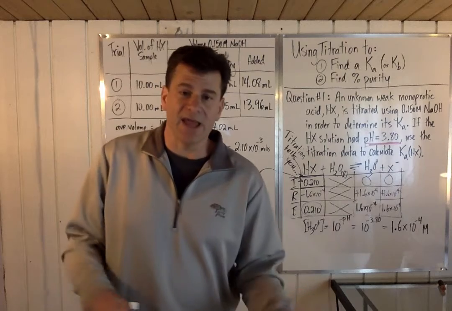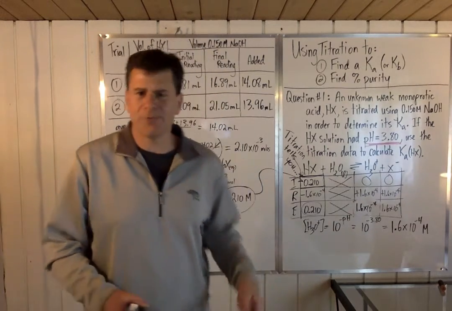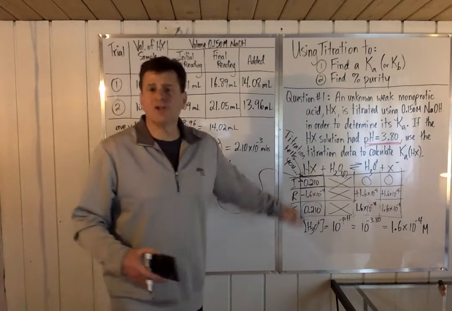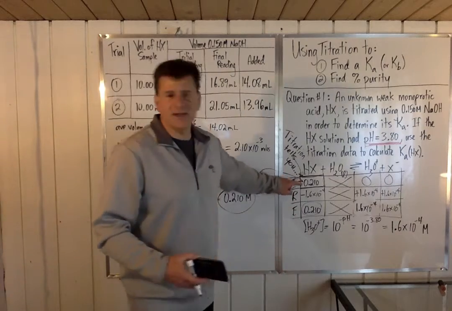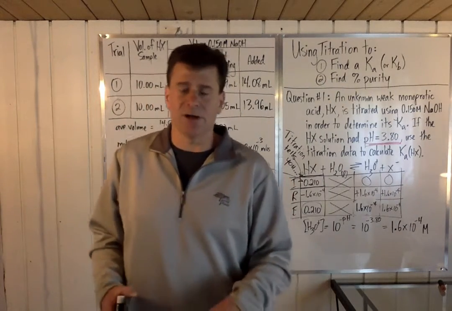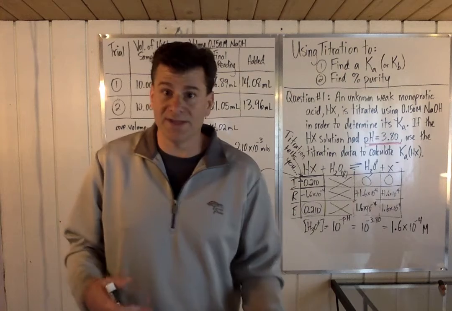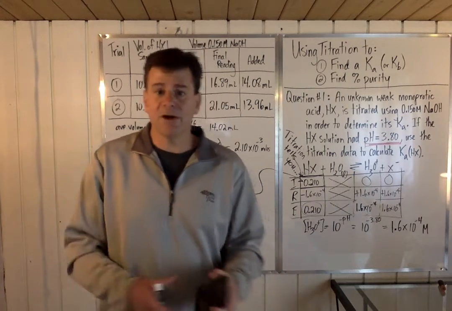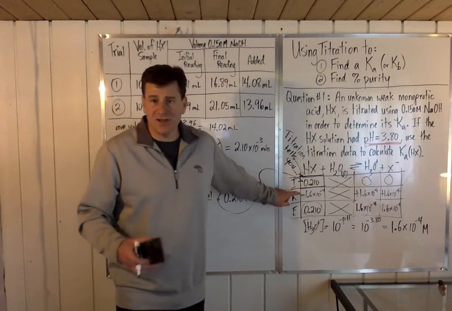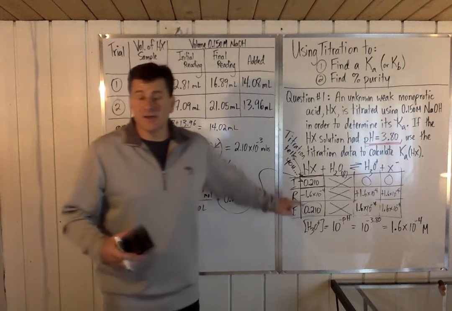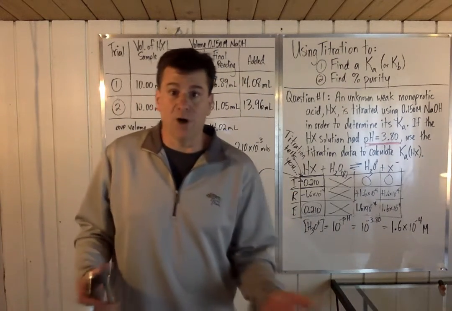Now, you might say, why were you making such a big deal about this? When you do a titration, you're getting the initial concentration and not the equilibrium concentration, because it's not always the same value. So you have to be very careful. Sometimes this subtraction is actually significant, so you can't just ignore it and move on.